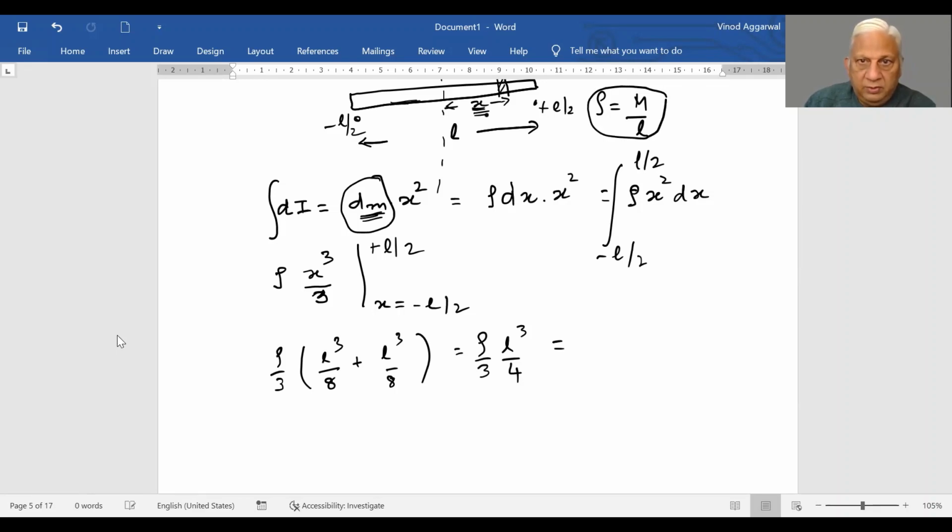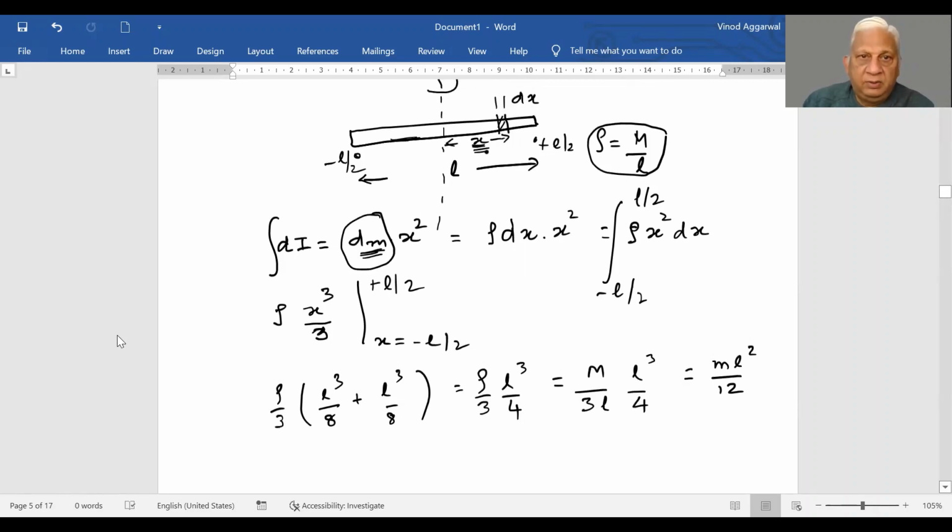So we substitute the value of rho. What we get is ml square by 12.